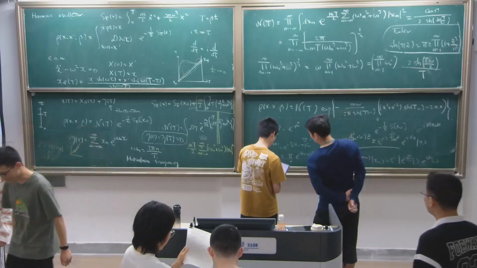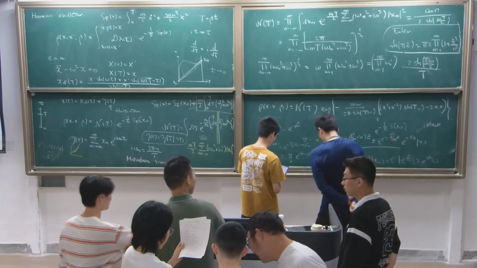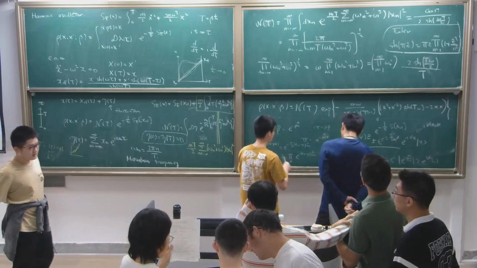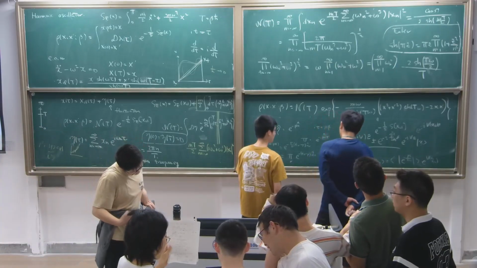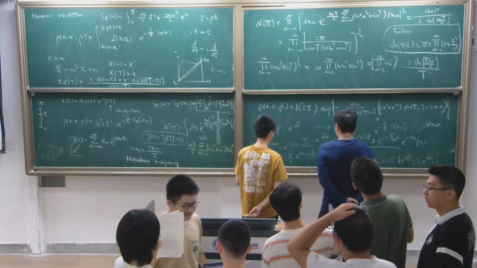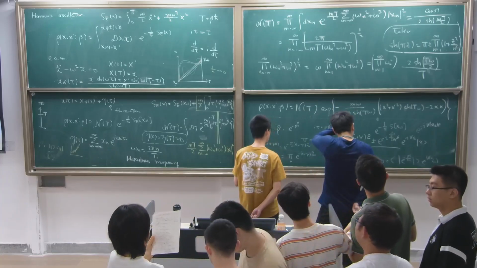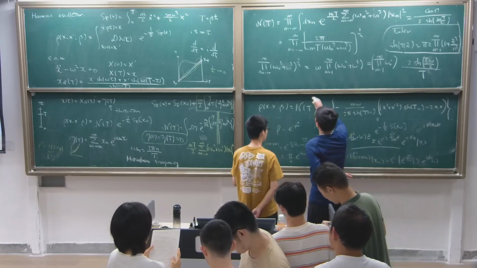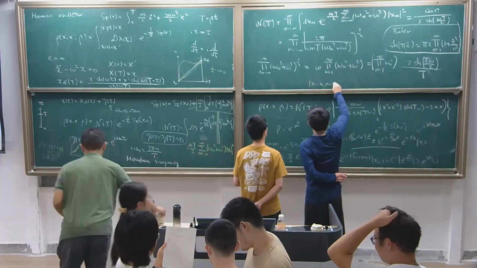This has to be true only if it's a good one. I mean, here you have the zero and 1 and 2.